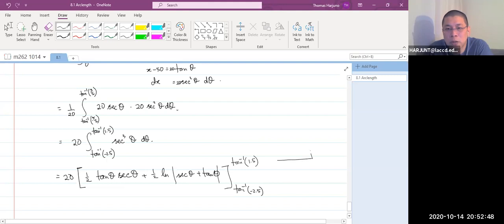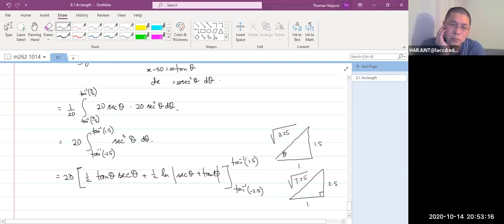Let's do the triangle. If tangent theta is 1.5, this is 1.5, this is 1, and this is the square root of 3.25. The other one is 2.5, 6.25, that's the square root of 7.25.